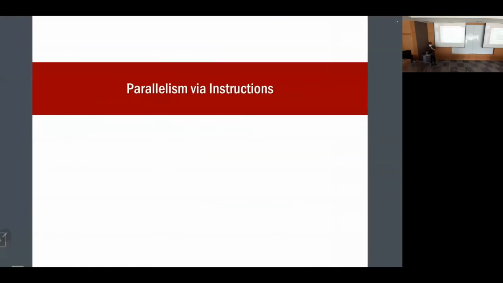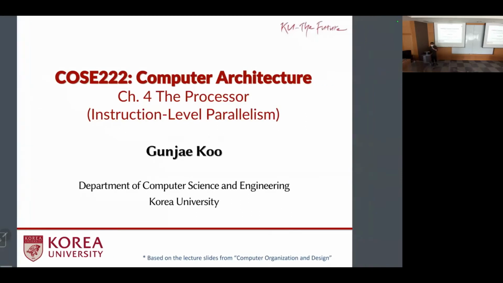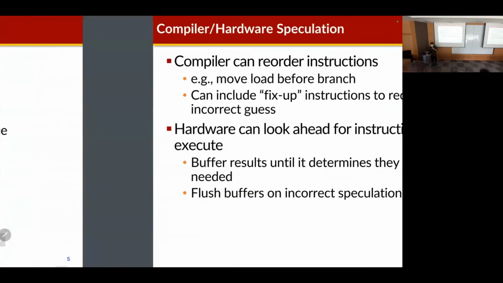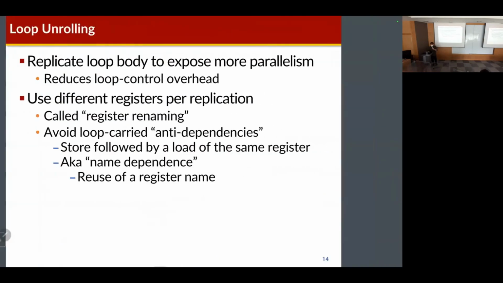I also posted this slide about instruction level parallelism, but I will not cover the content in this slide because this is advanced level. I will just show some examples of advanced architecture.